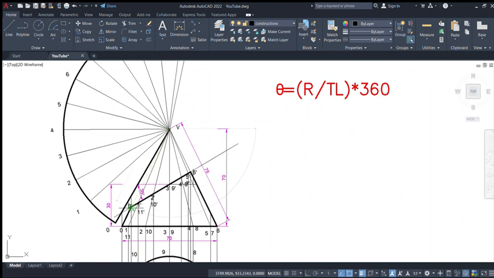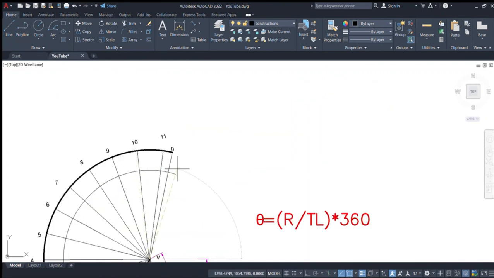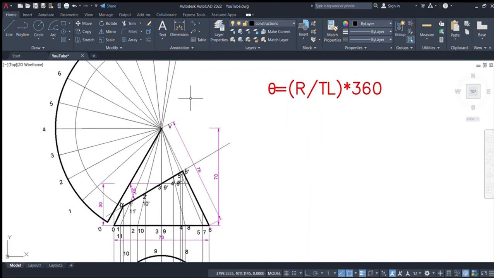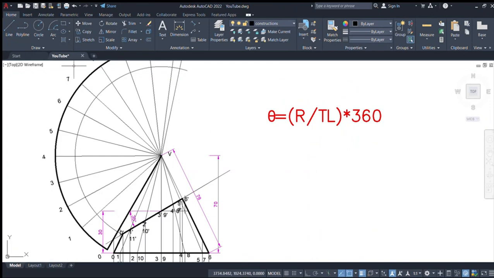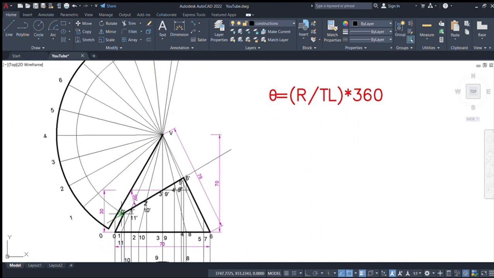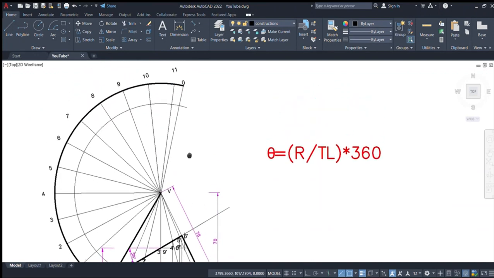Measure to 0. Now draw an arc. Where this arc intersects line 0, mark those points.